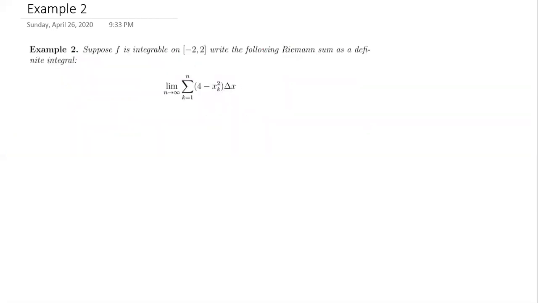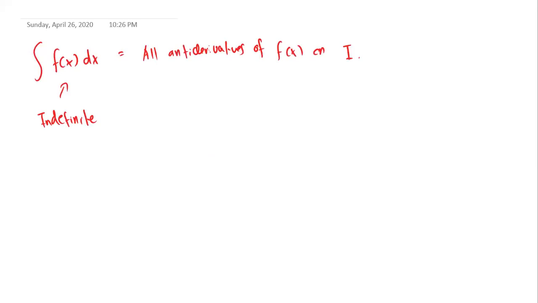Now let's go ahead and see an example. Suppose f is integrable on the interval -2 to 2. Write the following Riemann sum as a definite integral. So what do we have here? This part looks like an approximation of area using n subintervals, and we basically just have to go back to what this meant.